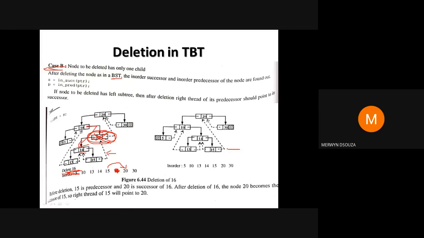So you need to make this change. Once you have done the deletion, you just need to check, after deleting that node, who are the in order predecessor and successor of the nodes that remain. For most of the nodes, the pointers will remain the same. Only for one or two nodes, the pointer will change.